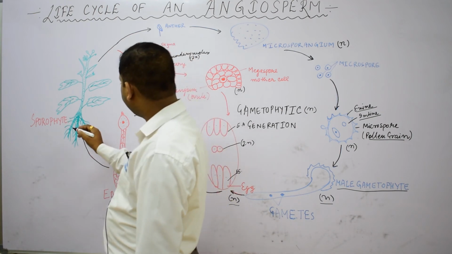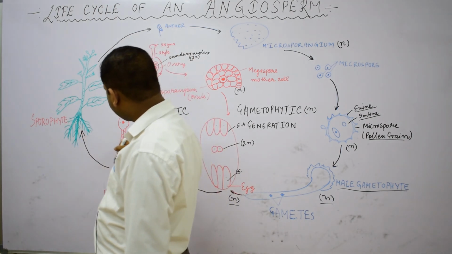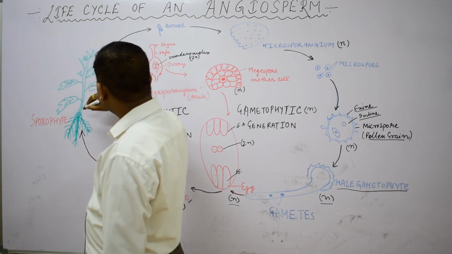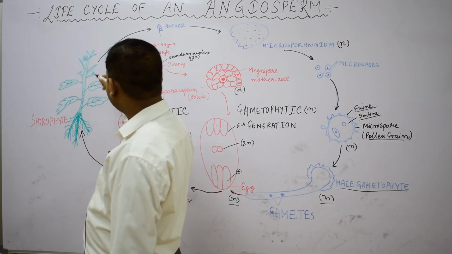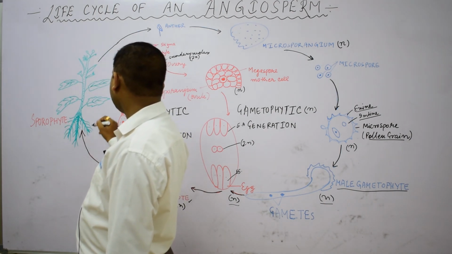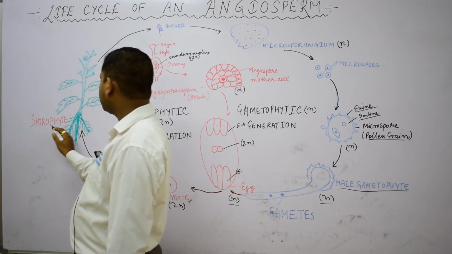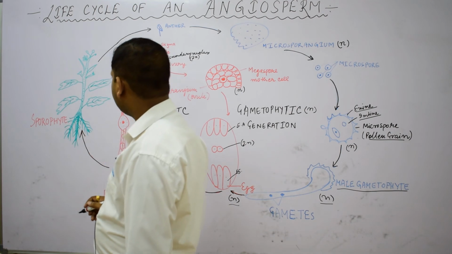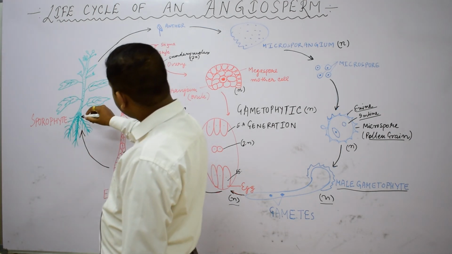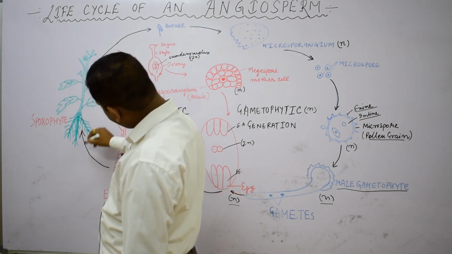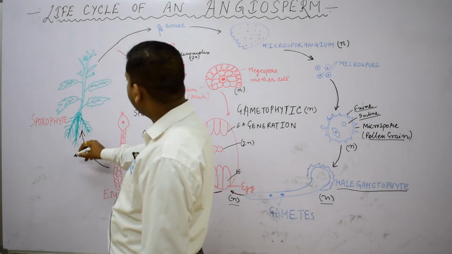Now we will see the second large diagram. After development, the plant twig forms. This is a mustard or Brassica compestris plant twig, showing the sporophytic stage. This is the root region, where a tap root is seen.